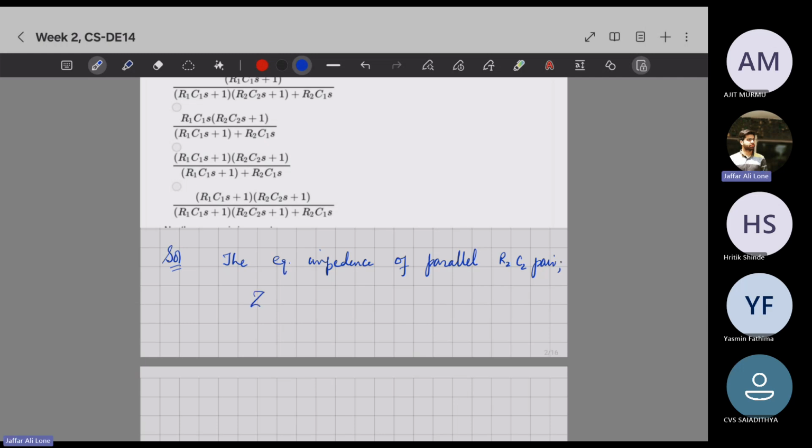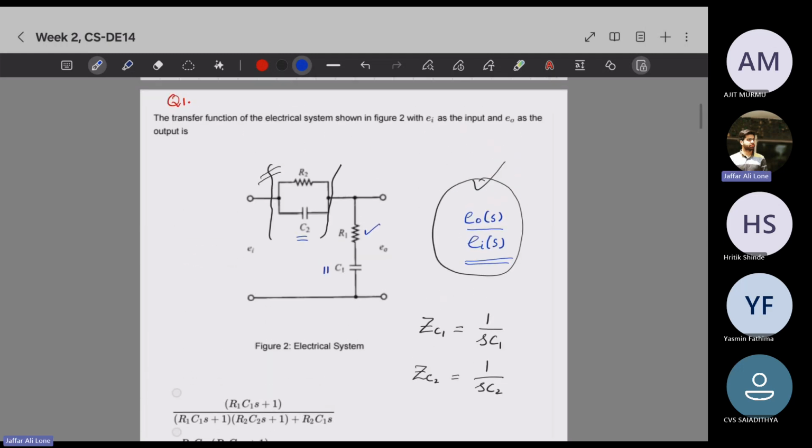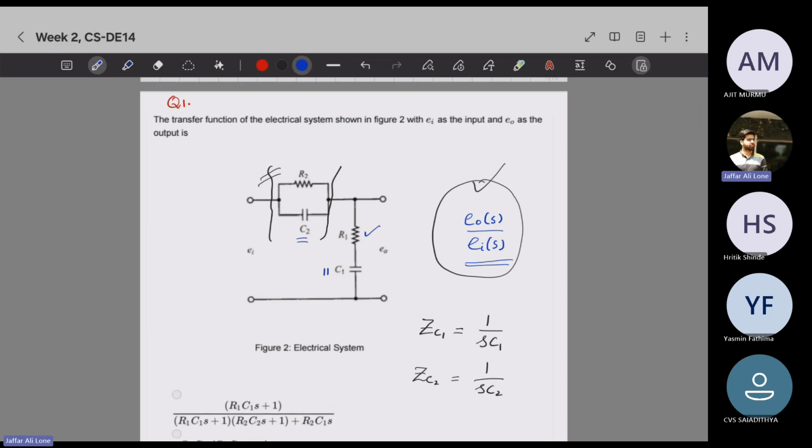I'm just denoting it with Z equivalent, which will be given by the parallel combination: R2 into 1 by SC2 divided by R2 plus 1 by SC2. In general it's ZC2, right?